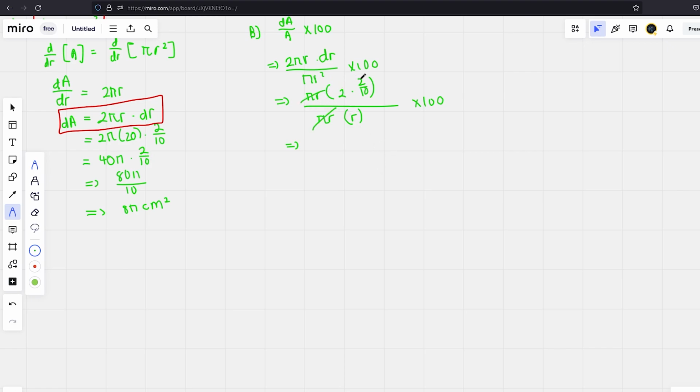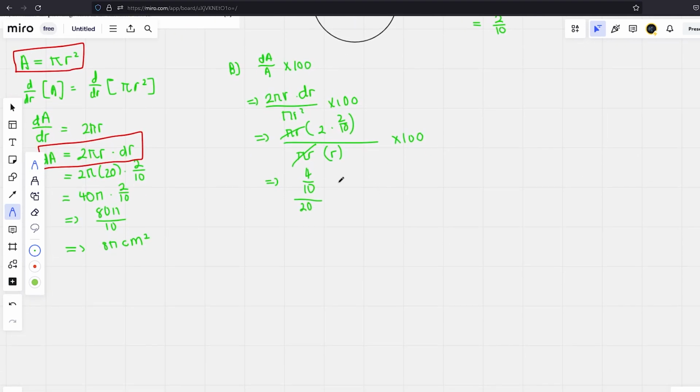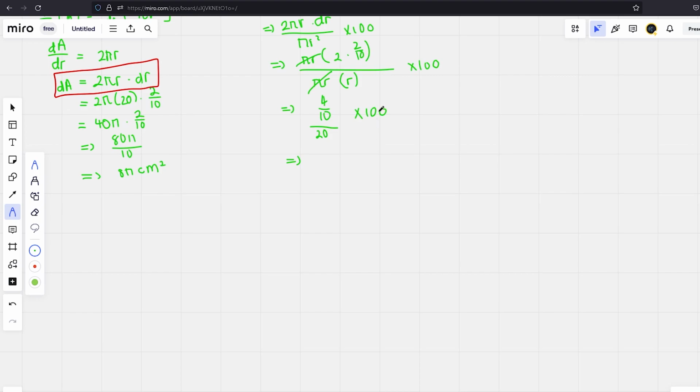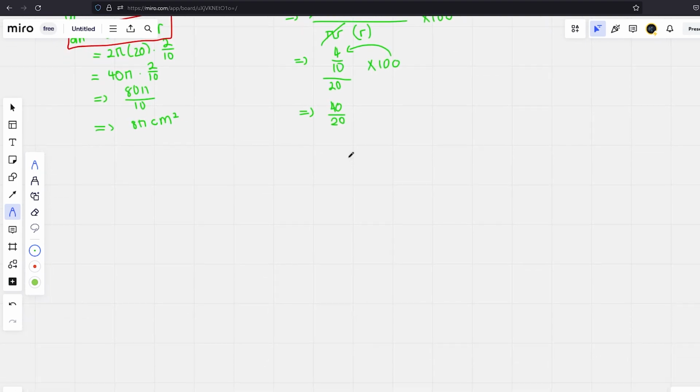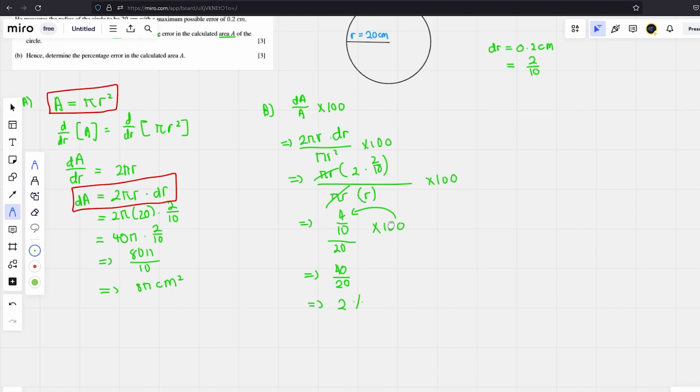Let's multiply 2 by 2 and we get 4 over 10 all over our radius, which was calculated to be 20, and multiplied by 100. Okay, multiplying in here by 100, I will have that 400 divided by 10, which will just give me 40, and again all over 20. And simplifying once more, we get 2%. So our percentage error in the calculated area A is 2%.